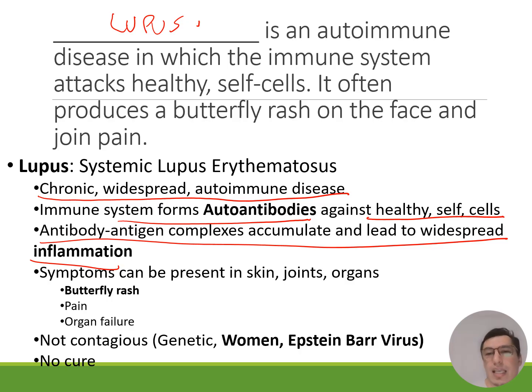Some of the key bell ring signs are butterfly rash in the face, pain, organ failure. Lupus is not contagious. It is sometimes genetic or associated with specific traits, such as being a woman or Epstein-Barr virus. There is no cure for this.